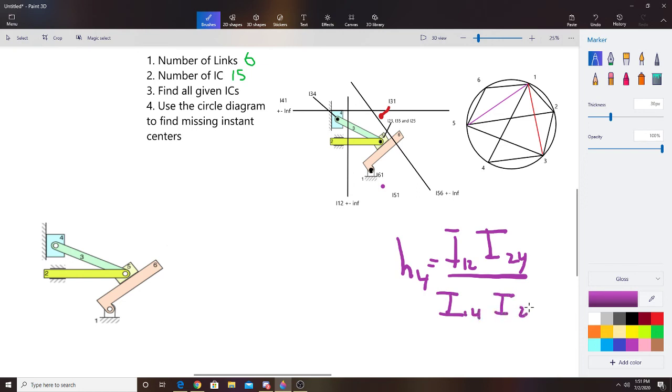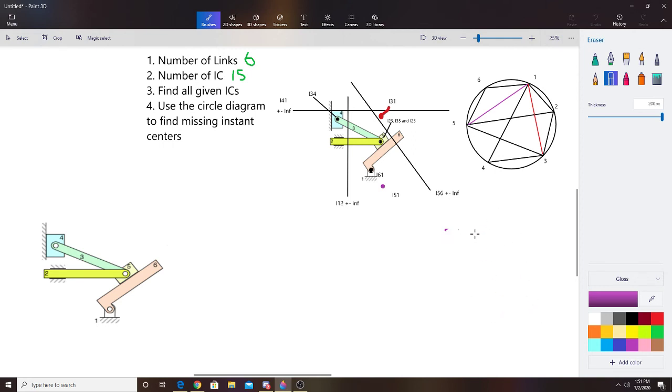And we don't have 2,4 yet. So let's do 2,4. If I ask you to find the kinematic coefficient, you do not need to find all of them. You just need to find the ones that get you the kinematic coefficient, which is what I just showed you.